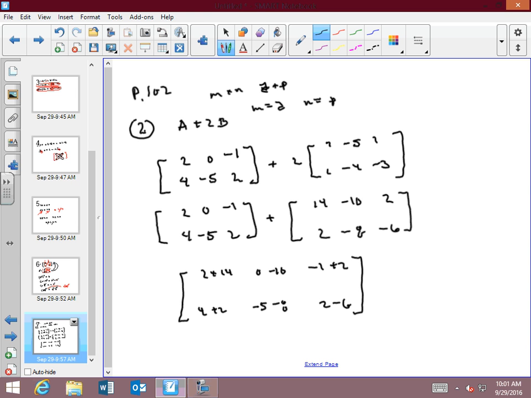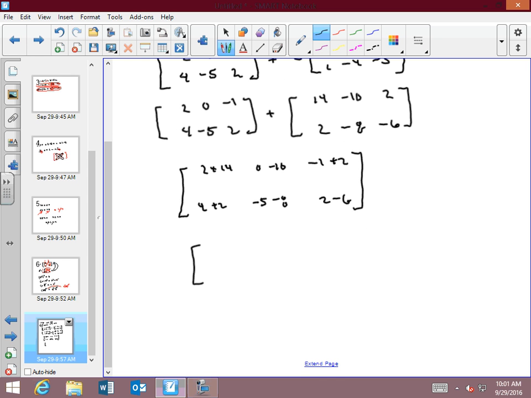You're just adding by row and column, so the result is going to be 16, minus 10, then plus 1, then 6, minus 13, and then minus 4.